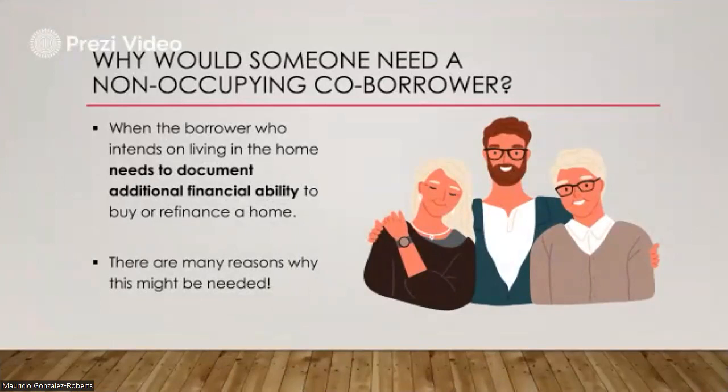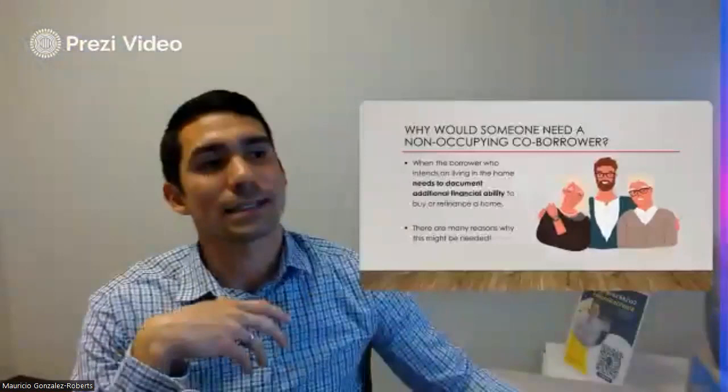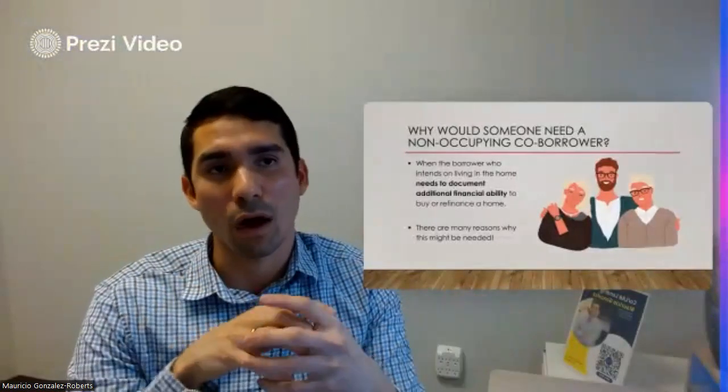So as I'm sure many of you have experienced, there are many times when someone is financially sound and they will probably make a responsible homeowner, yet they don't necessarily meet all the rules of the mortgage lending world, right? So that is one of the biggest things where we see this non-occupying co-borrower come into play.